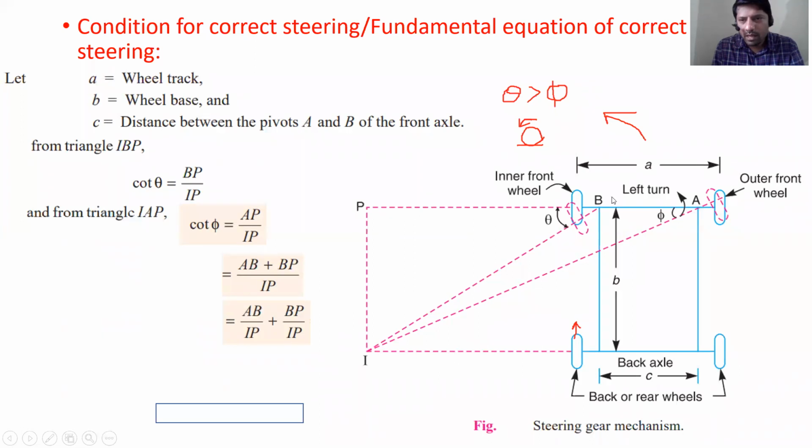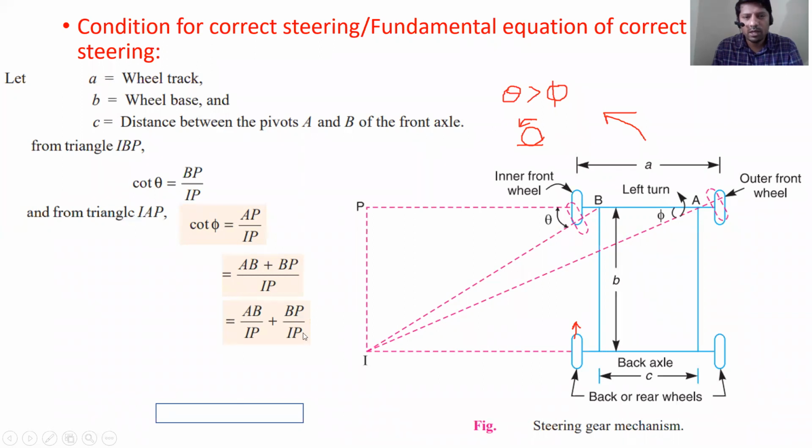AB is the distance between pivots A and B, which is C. And what is IP? You can see this distance is nothing but equal to B. So AB upon IP is nothing but C upon B. C is the distance between pivots here.